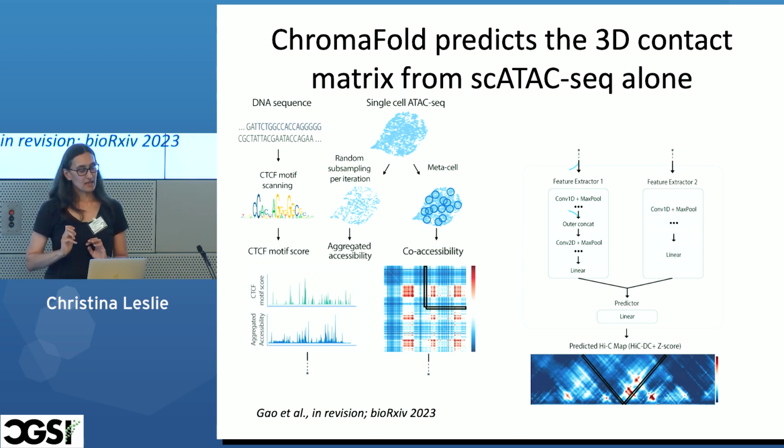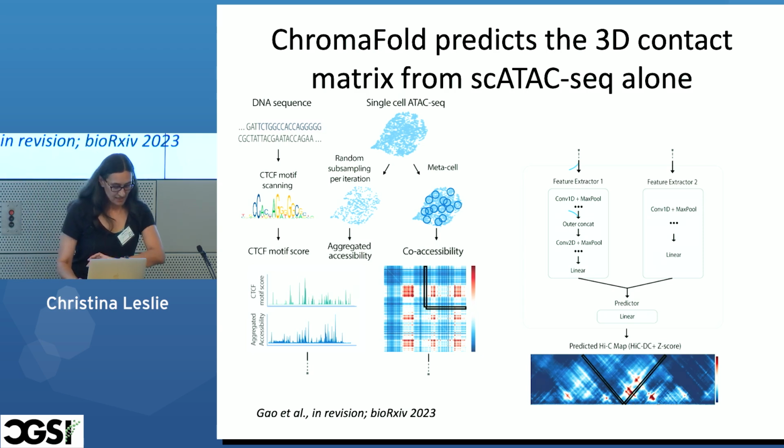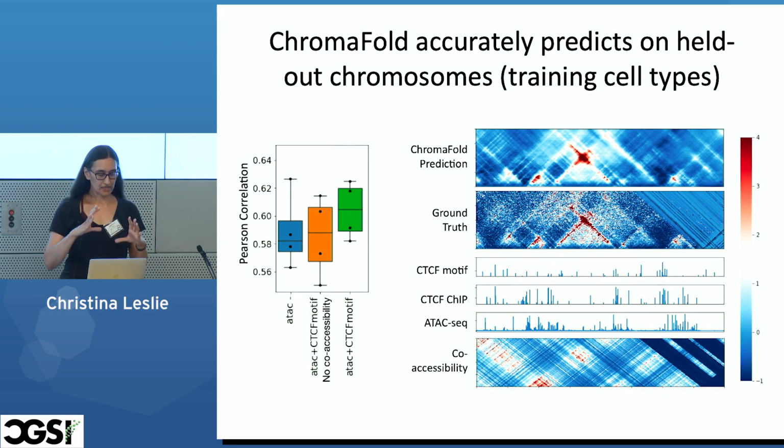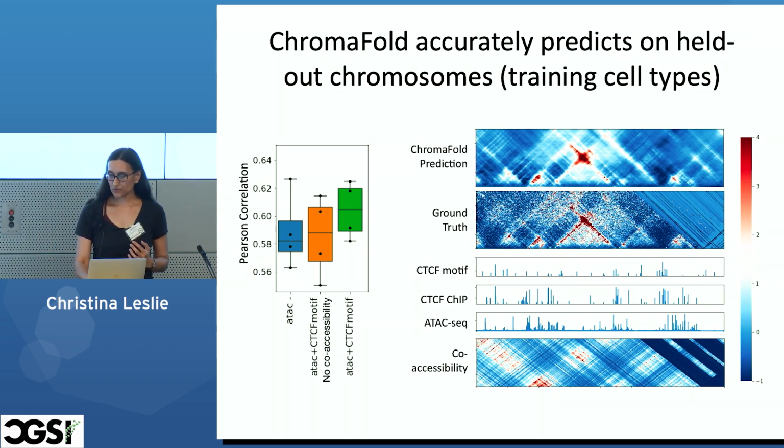All right. How does this work? The first sanity check is if you train on some chromosomes and hold out other chromosomes in the same cell type, how well can it work? What we're seeing is the ground truth here and the prediction here.